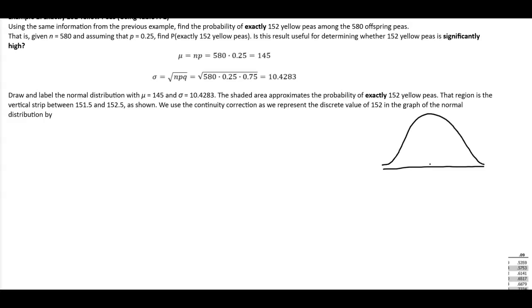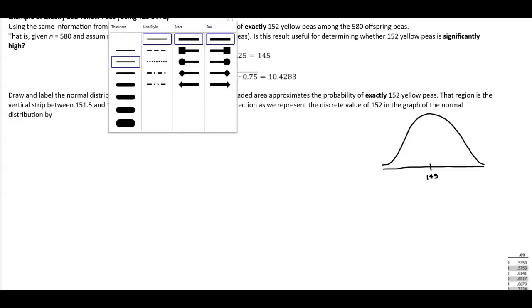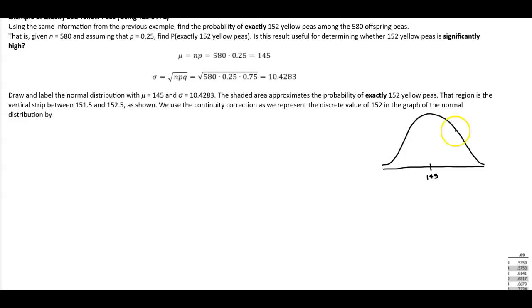Then we're going to label the mean. We know the mean is 145. Now we look at the value of exactly 152, and let's go ahead and draw that. So here is the value of 152.